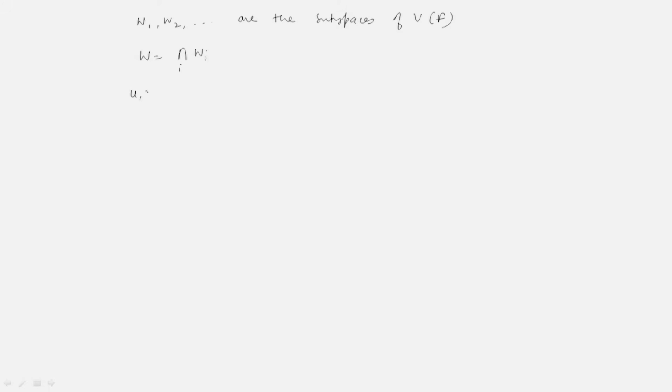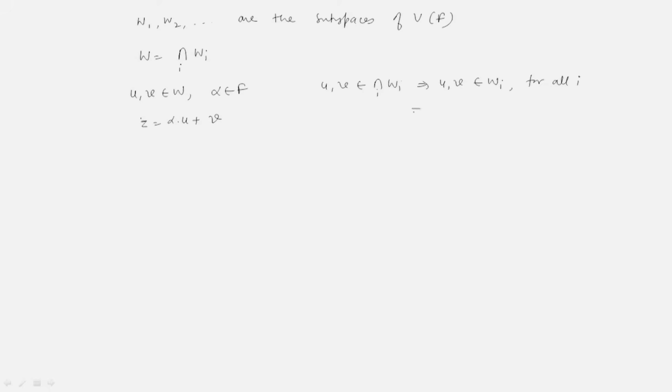You take u and v in W and alpha in the field, and you have to show that Z, which is alpha dot u plus v, is also in W. So, since u and v are in the intersection of Wi, this implies u and v belong to Wi for all i.